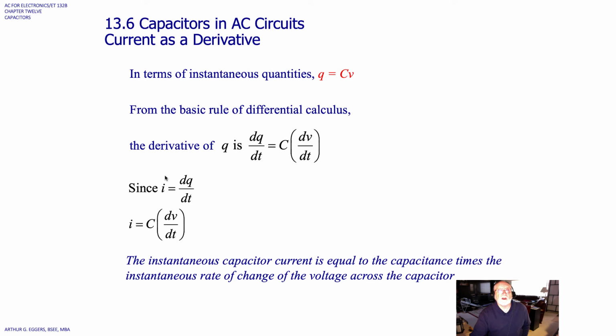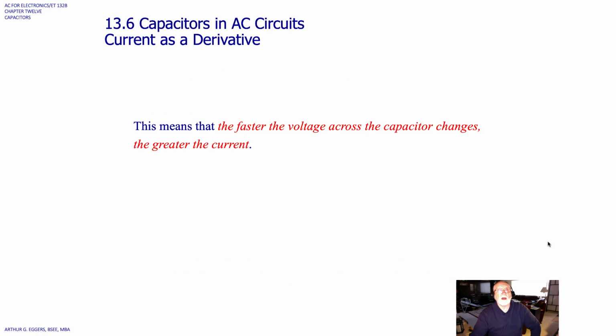So since the current is the rate of change, dq by dt, the current can also be defined as the capacitance times the rate of change of the voltage, dv by dt. The instantaneous capacitor current is equal to the capacitance times the instantaneous rate of change of the voltage across the capacitor. So we're looking at how things measure out in terms of changes per unit time.